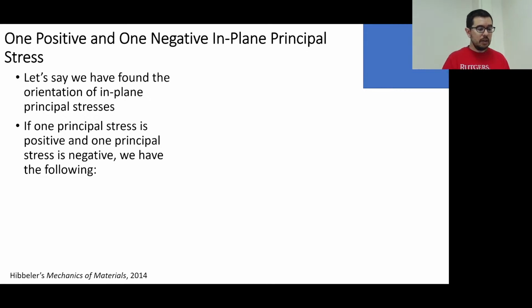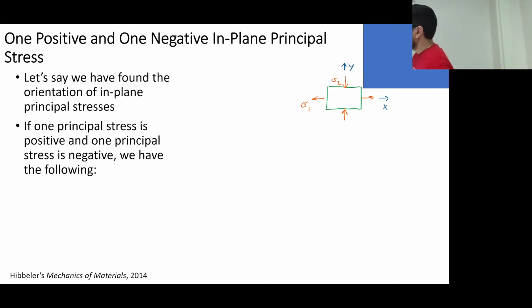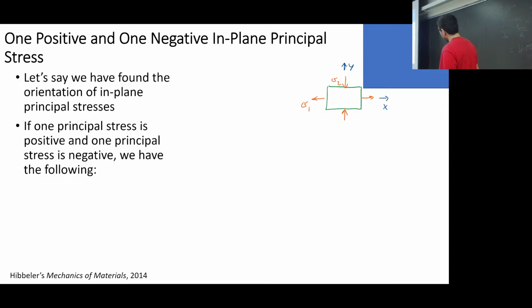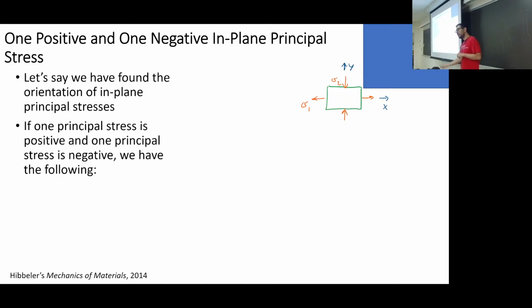So here is a case. We have our sigma 1 positive and our sigma 2 negative. This is where I said sigma 1 is greater than sigma 2 is greater than sigma 3.